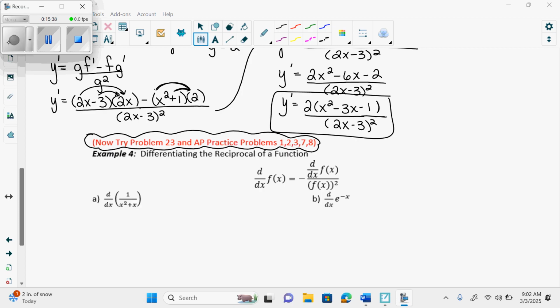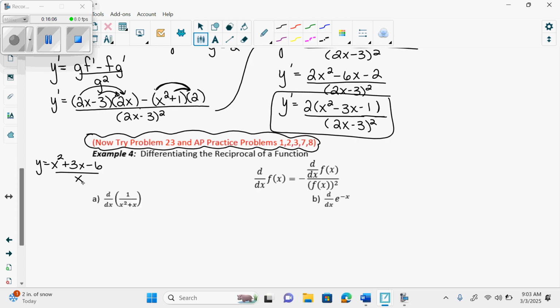This one I can't write as just a basic power rule because it has a binomial denominator. Do you see that? If every term has a monomial denominator, can I just write each one over it? So for example, if I had y equals x squared plus 3x minus 6 all over x, do I have to do quotient rule with that when I have a monomial denominator?